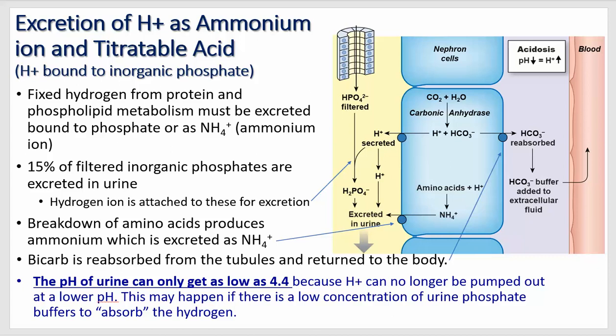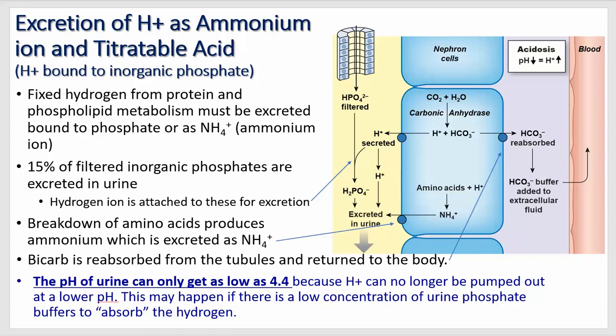Now, what happens, we have production of hydrogen here, and so the hydrogen can be secreted out into the tubule where it will bind with HPO4. Okay, so this is hydrogen phosphate, and then forms dihydrogen phosphate. It just sticks a hydrogen to that, and then that's excreted in urine.